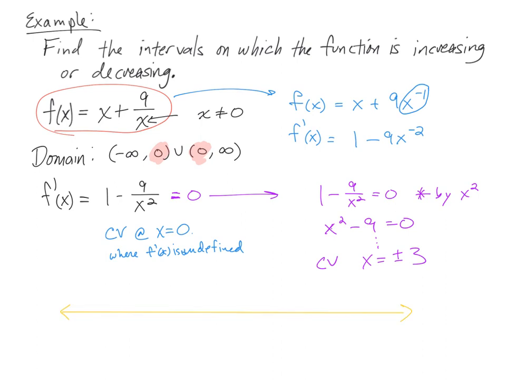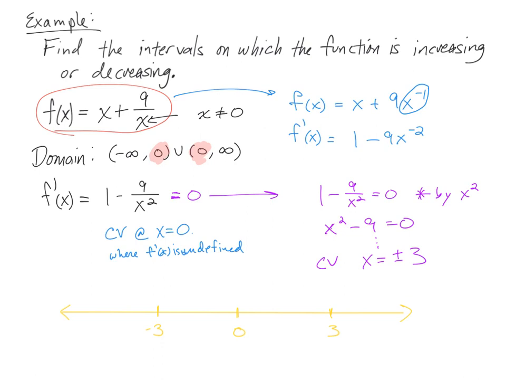I have a number line. And what I'm going to do is put my critical values right here. So I've got -3, I've got 0, and I've got 3. This is clearly to scale. Just make sure your numbers are in the correct order, left to right. Negative numbers on the left, positive numbers on the right, and so on.